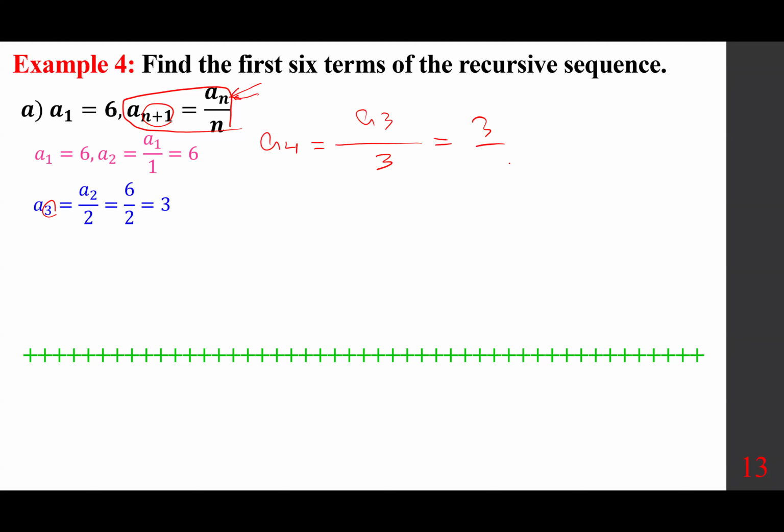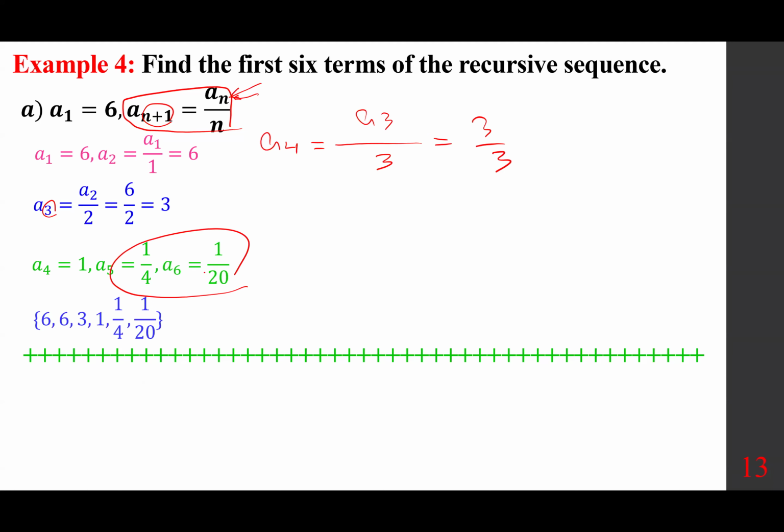So 3 over 3 gives me 1, and I want you to figure those two on your own later on, because we just showed a bunch of them. So we write 6, 6, 3, 1, 1/4, 1/20. Make sure you can figure this out. We're going to do a couple more examples.